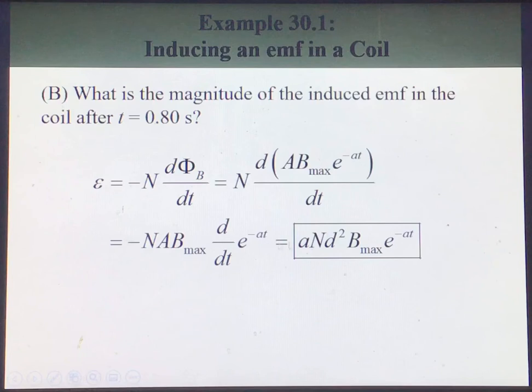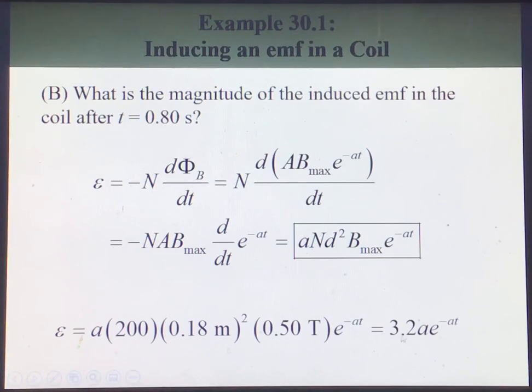You take the derivative of e to the negative a times t, plug in those values, and you end up with this equation: 3.2 times a times e to the negative a t. This is the expression for the magnitude of the induced EMF after t equals 0.80 seconds.